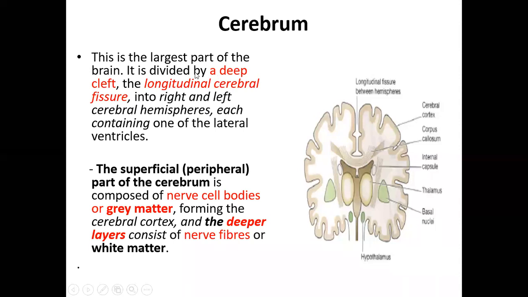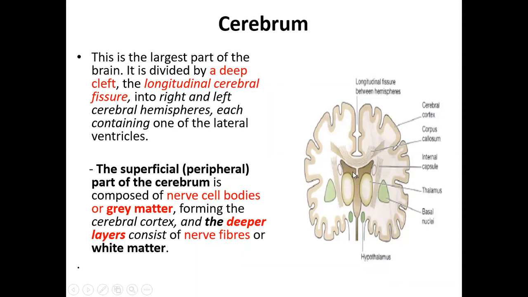It is divided by a deep cleft, the longitudinal cerebral fissure. If you see here, this is the deep cleft which separates the two cerebral hemispheres. This deep cleft divides the whole of the cerebrum into right and left cerebral hemispheres, each containing one of the lateral ventricles.